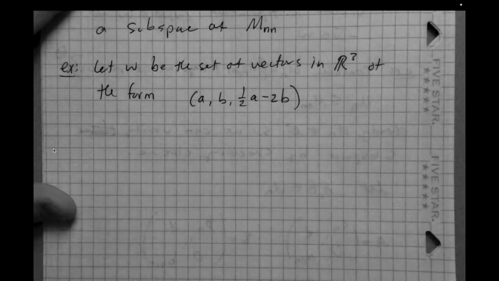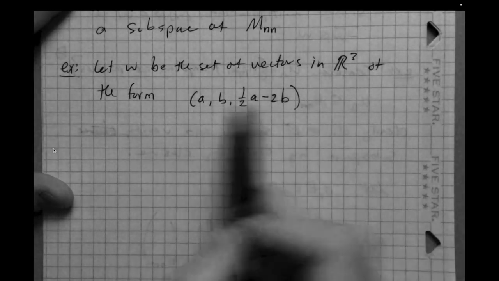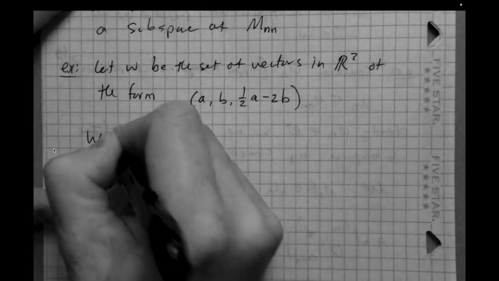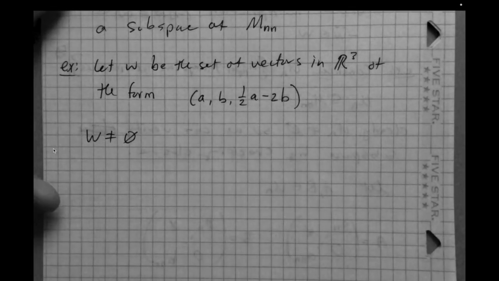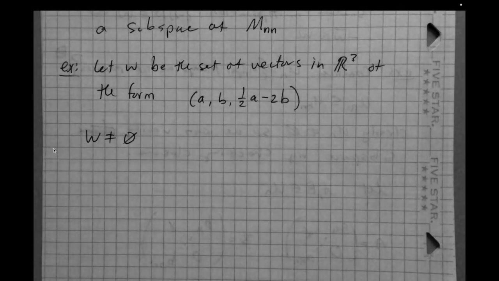Okay, let's see if this is a subspace of R3. So clearly this is a subset of R3, all right, and it's non-empty. I mean, I could easily think of any vector. I could just plug in a 1 for A and a 2 for B, and I've got a vector. So it's non-empty. So we need to check that it's closed.